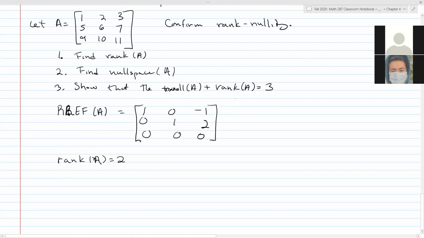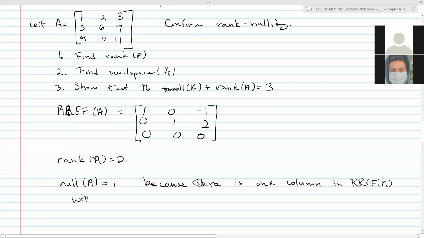Now, I know actually that the nullity of A is going to equal 1 because there is one column in REF of A without a pivot, right? That's going to end up being the free variable.